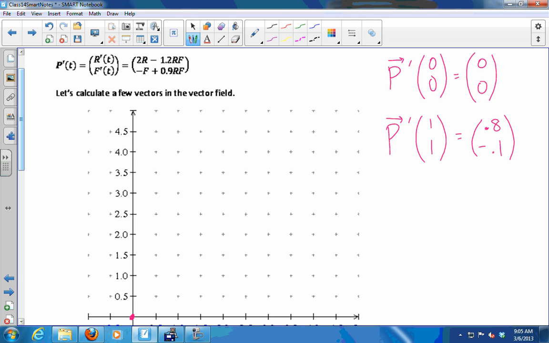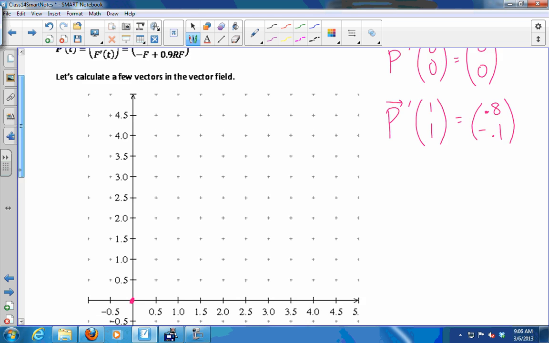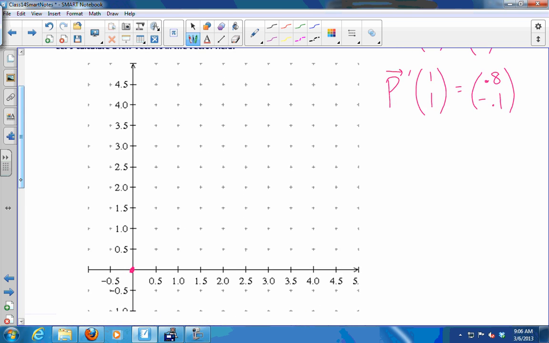Then you plot that vector by going right 0.8 and down 0.1. That's an R and an F direction. So at 1, 1, I'm going to draw a little arrow that goes right 0.8, down 0.1. There's my vector.